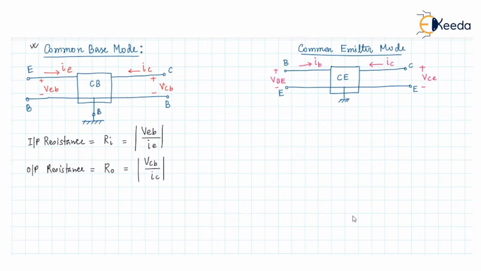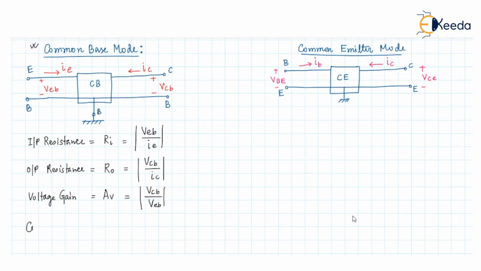Similarly, the voltage gain of this common base connection, AV, will be the output voltage VCB divided by the input voltage VEB.